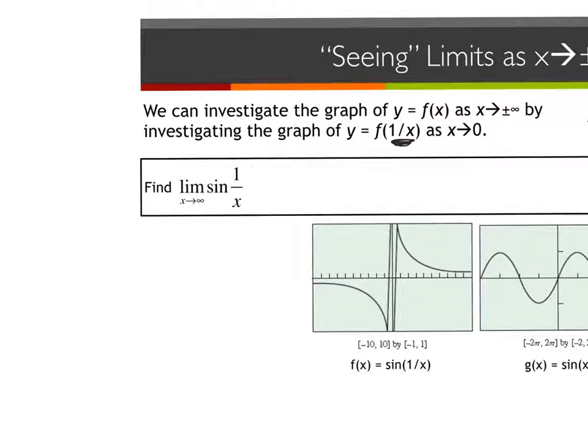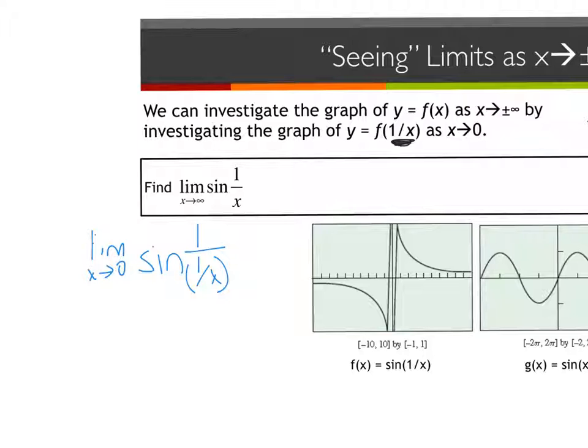In this situation, if I was given this limit as x approaches infinity, I wouldn't really know what to do with it necessarily, and I'd be like, I'm not really sure of the answer. But what you can do is replace x with 1 over x. So if I do that, I have sine of 1 over 1 over x, and then I can switch the limit to 0 instead.